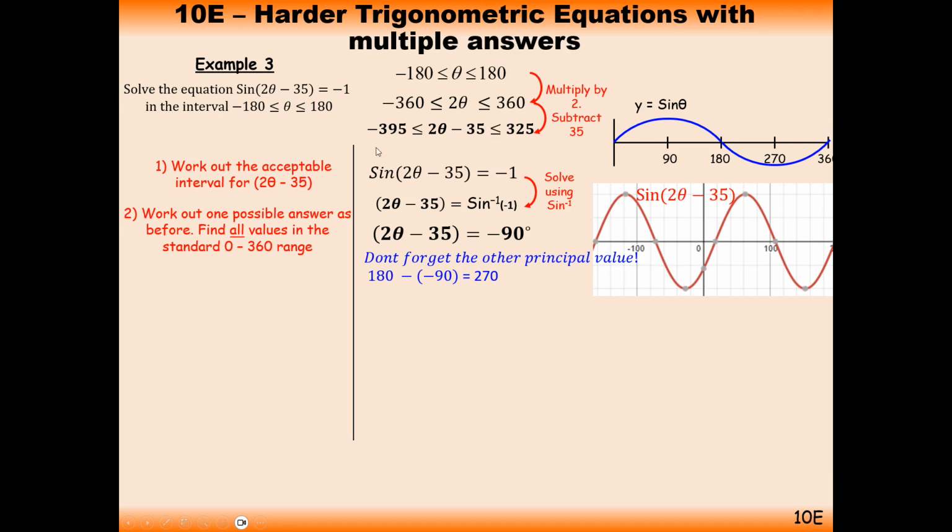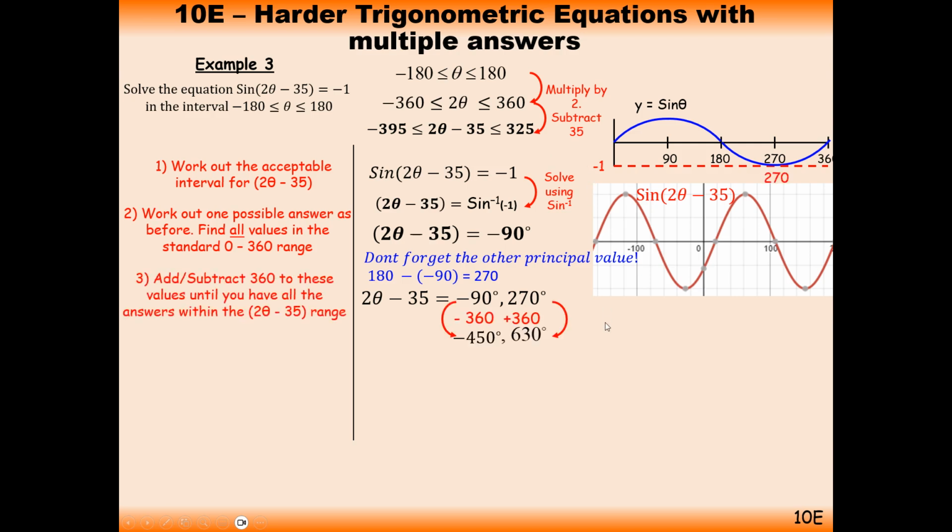The range has negative angles as well. So for each of these, not only can I add 360 degrees, I can subtract 360 from each of them as well, because we need to go beyond just the positive range and into negative values. So you add 360 to both and you take 360 away from both of them.